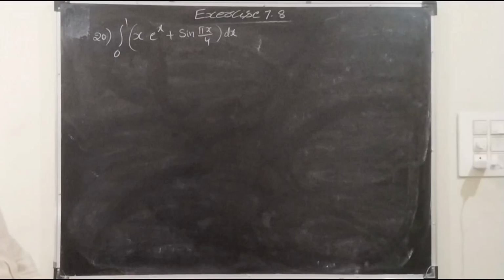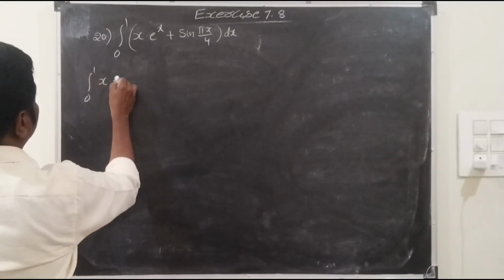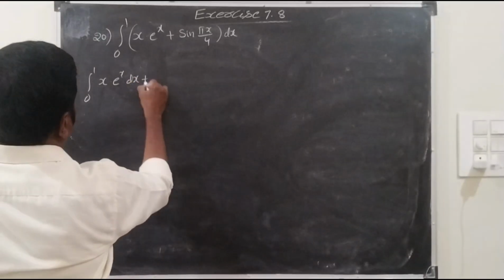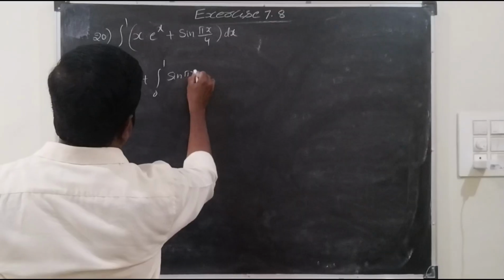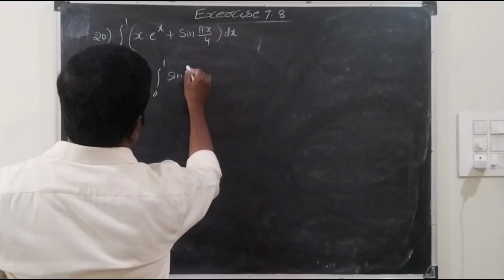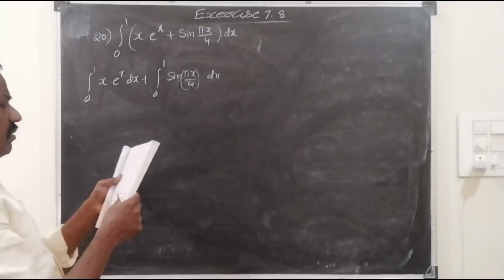We can separate the integral for both the terms. First of all, integral 0 to 1 x into e power x dx plus integral 0 to 1 sin pi x by 4 into dx.